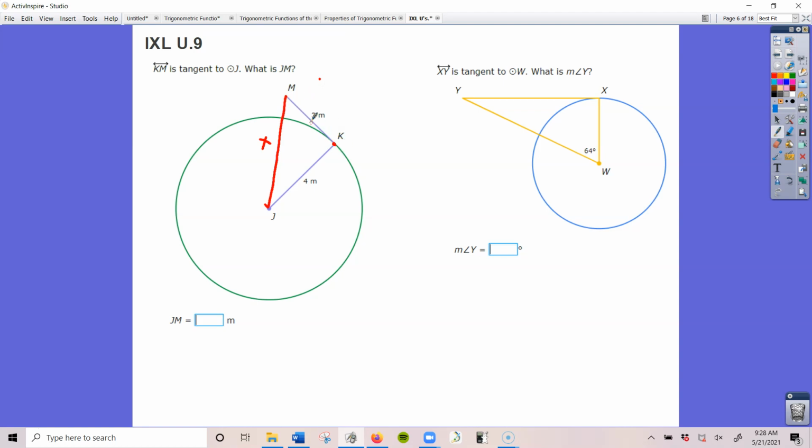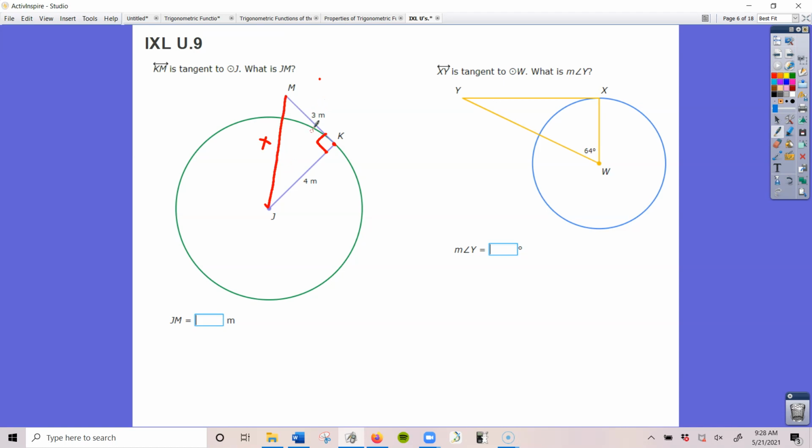Whenever you draw in the tangent, it's always going to be perpendicular to the radius, which is this here. So what we end up with is a 90-degree triangle. So if you're trying to solve for a missing side, you're going to apply the Pythagorean theorem.